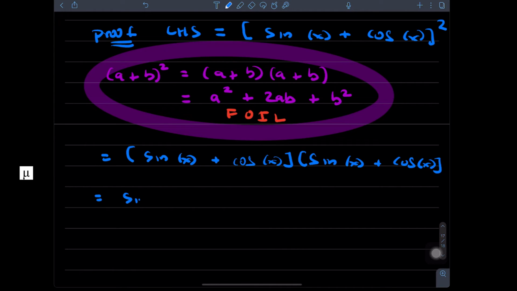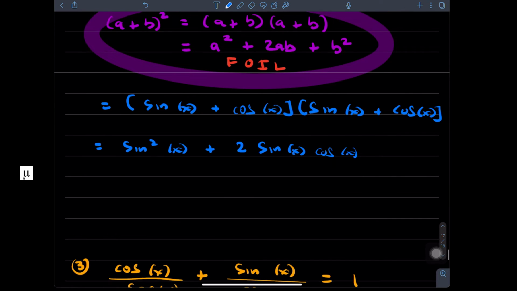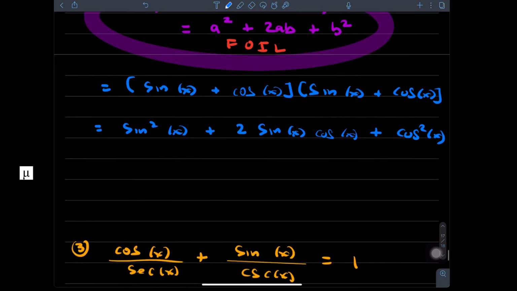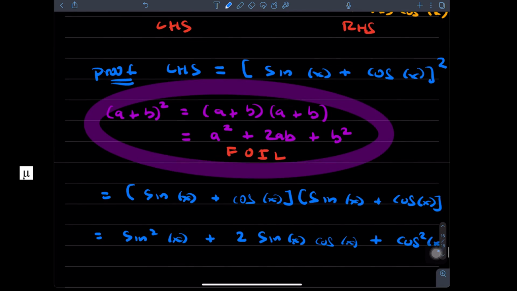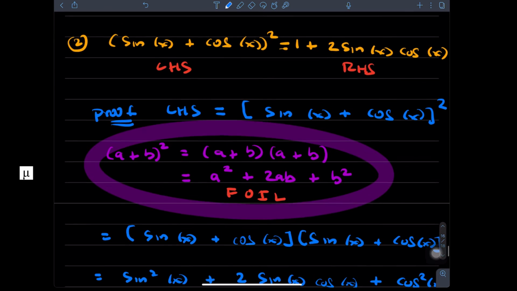Sine squared plus 2 sine x cosine x plus cosine squared. You guys okay with that? That's just by using that algebra process, so this is how we get this.